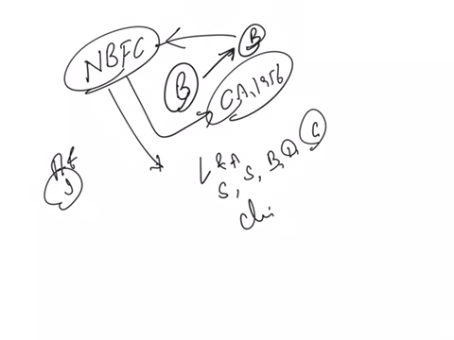Here you can ask, who regulates these non-banking financial companies? They don't have one particular regulator. Based on the different types of non-banking financial companies, they have different regulators in India, like RBI, SEBI, and the National Housing Bank.